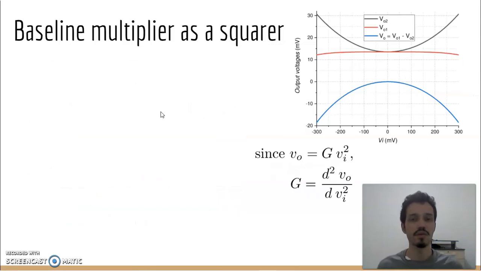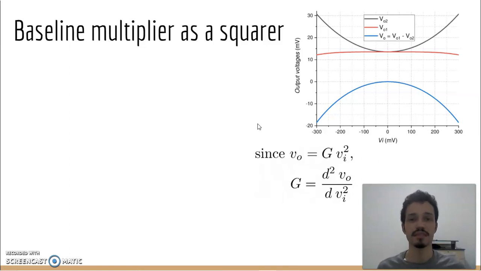To compare the single-ended output VO2 with the differential output VO, we must first define this notion of a nonlinear or second-order gain. We have seen previously that this gain of a square circuit is equivalent to the gain of the multiplier, but here we can see that to compute it, we must take the second derivative of the output with respect to the input.